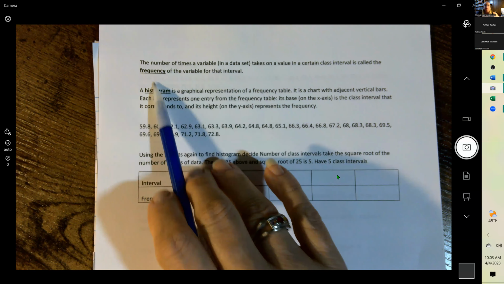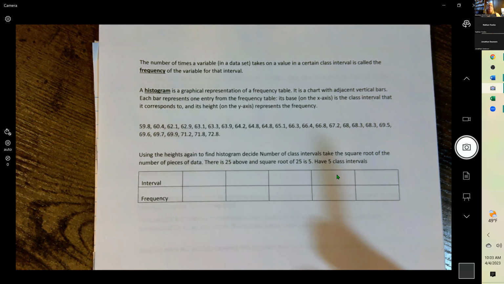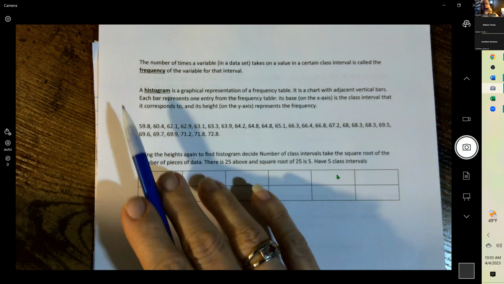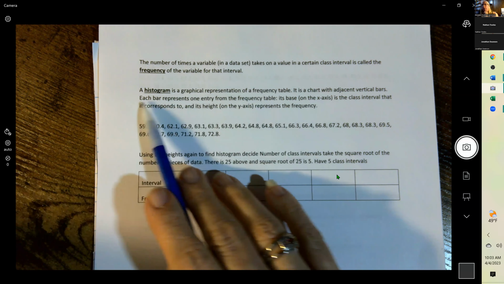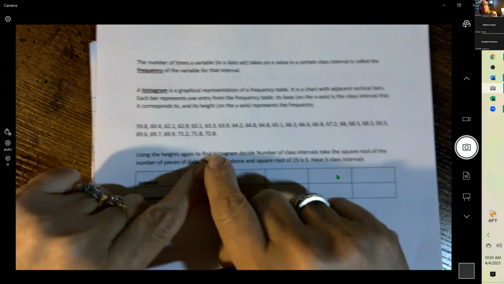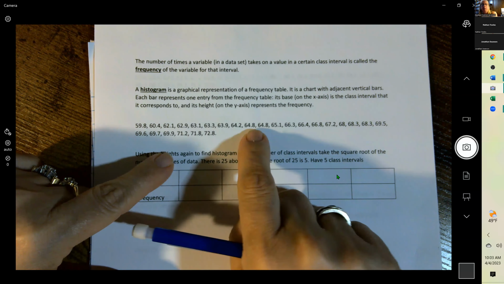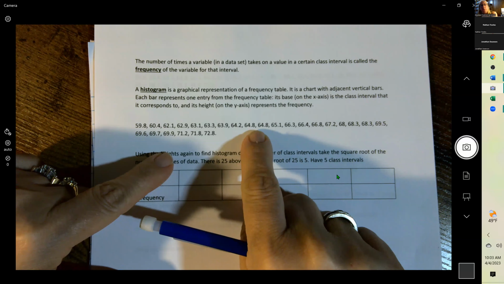First, you need to know what frequency is, and then you can use a histogram. The number of times a variable in a data set takes on a certain value or a certain range of values is called the frequency. So like these values, this one, 64.8, comes up twice, so its frequency is 2.